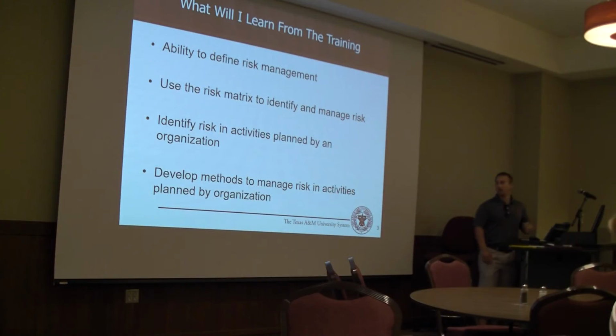The end goal of this presentation is to give them some bare bones. What is risk management? What do we mean when we say that? How do they go about actually doing risk management by using a risk matrix? So we explain what the risk matrix is, and then we talk through a lot of different possible scenarios.